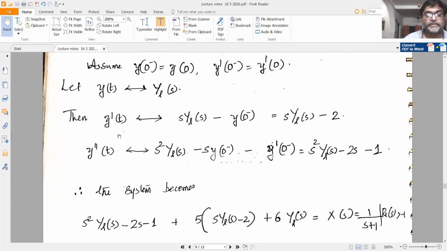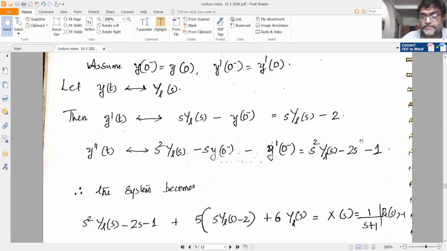So y dash of t has got a unilateral Laplace transform given by s yl of s minus y0 minus. You have taken y0 minus to be equal to y0, and y0 in this question is equal to 2. So therefore, we can write this as s yl of s minus 2. And y double dash of t is equal to s squared yl of s minus s y0 minus y dash of 0 minus.